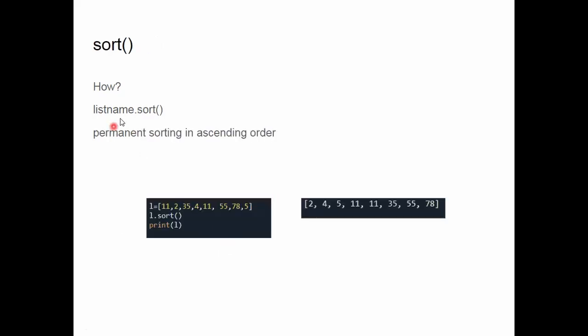Now we are having list name dot sort. It is going to sort the elements in ascending order, and it is going to do permanent sorting. We are having this kind of elements. If we are having duplicates also, the duplicates are also going to be sorted. So L.sort, and if we print L, that means the sorting is done permanently on your original list.